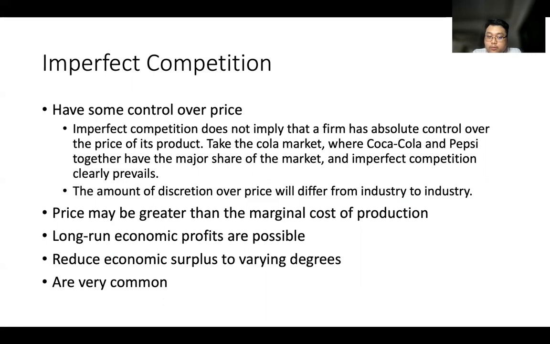Perfect market equilibrium. Economic surplus is being reduced. We've talked about economic surplus in the previous discussion, and imperfect competition is very common, right? Even here in the Philippines, in the telecoms industry, there are only a few players, right?